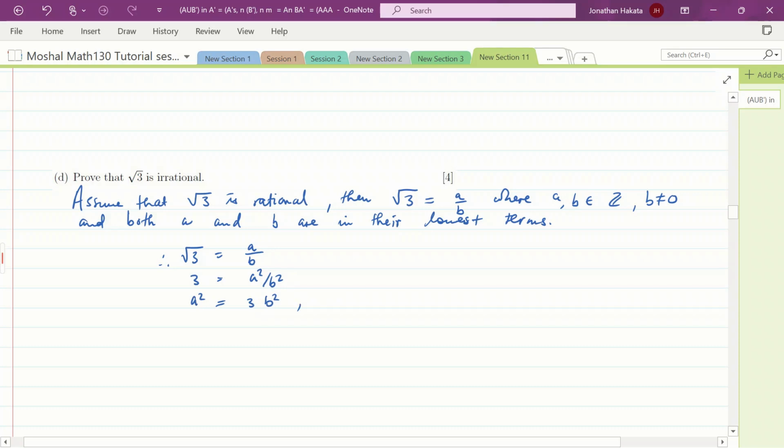It means that a squared is divisible by 3, and since a squared is divisible by 3, then a is also divisible by 3.